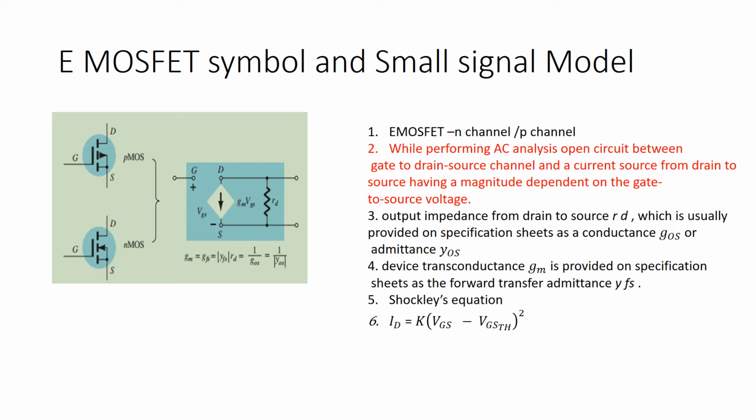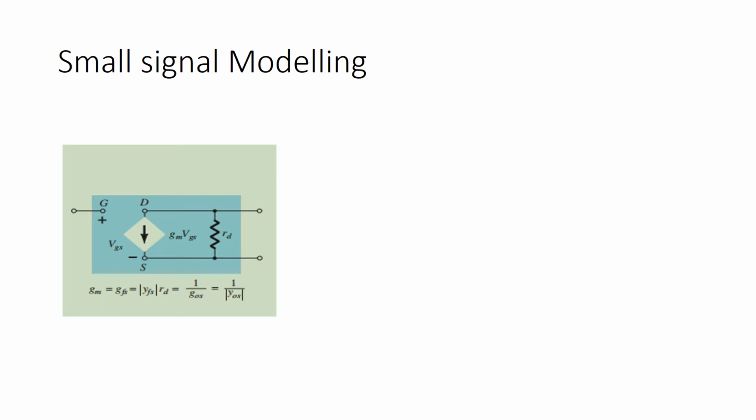yfs. We follow Shockley's relation: the drain current is equal to a constant K times (VGS minus VTH) whole squared, where VGS is the gate to source voltage. Small signal modeling.